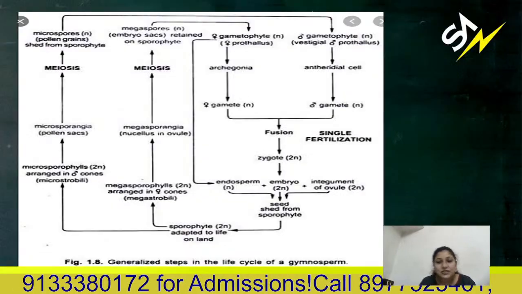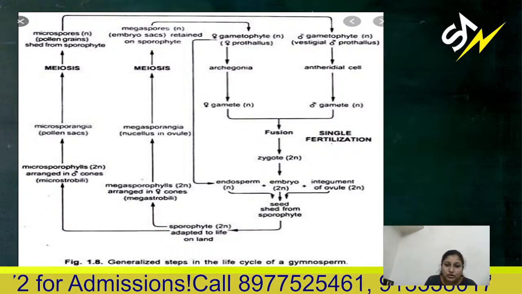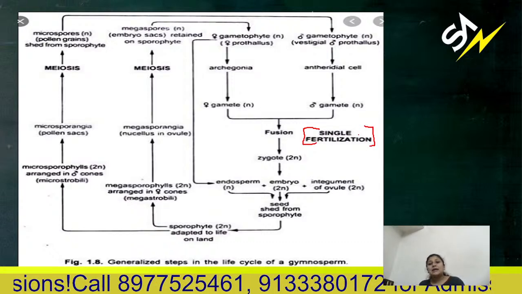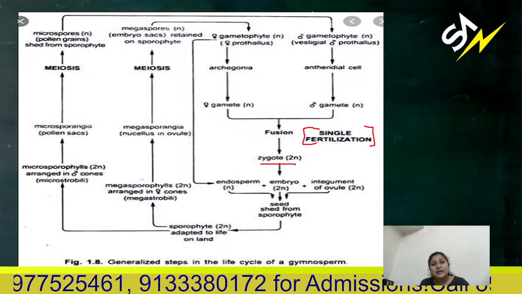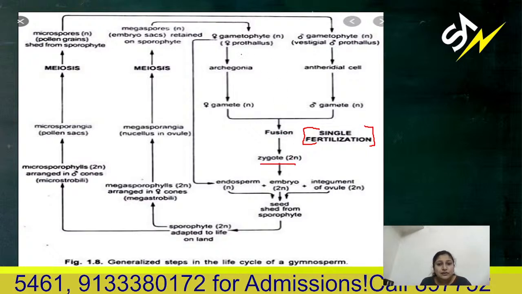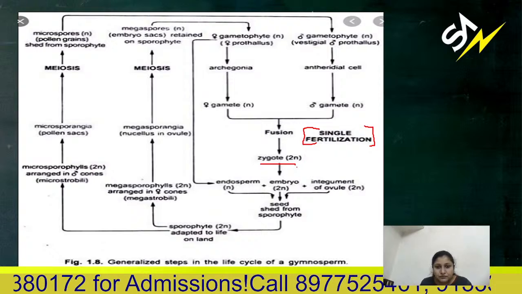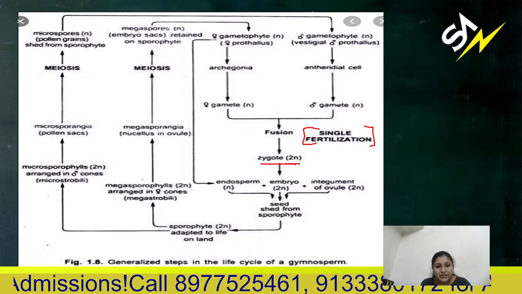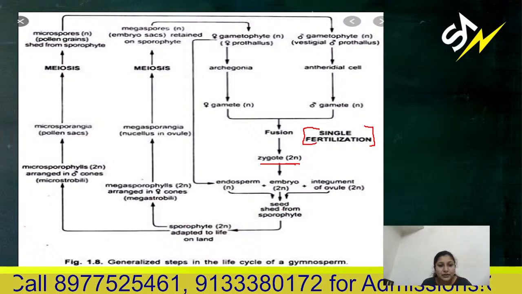This is the life cycle of gymnosperm. We should note down that this is single fertilization only. Gametes are fused only to form a zygote. Remember, when the zygote is formed, it develops into the sporophytic body, and inside that megasporophylls and megastrobili will be there.